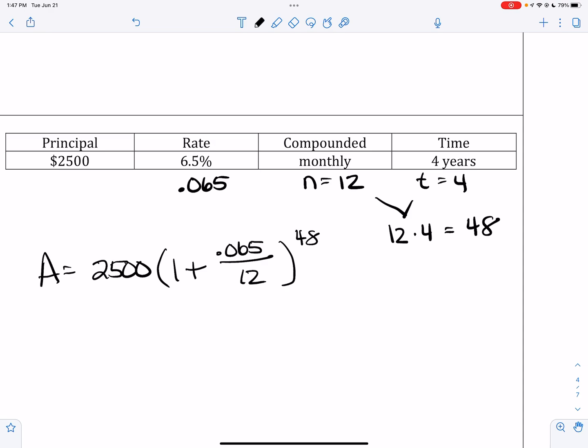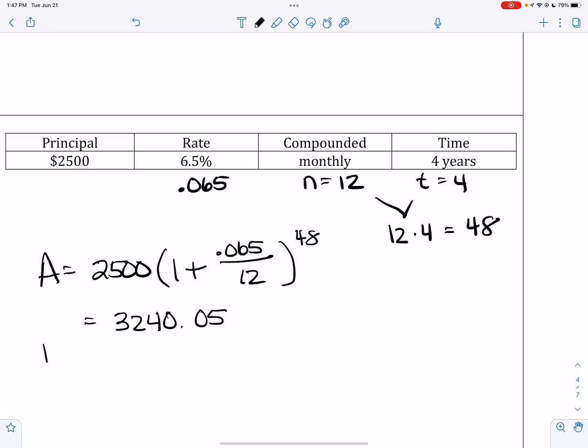All right, so let's see what we get when we look at this problem. As I go through, just checking to make sure I have it right. As I multiply this out, I'm going to get $3,240.05.